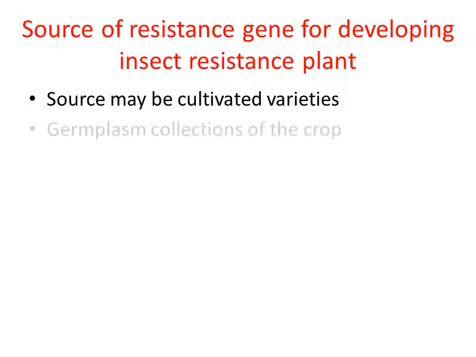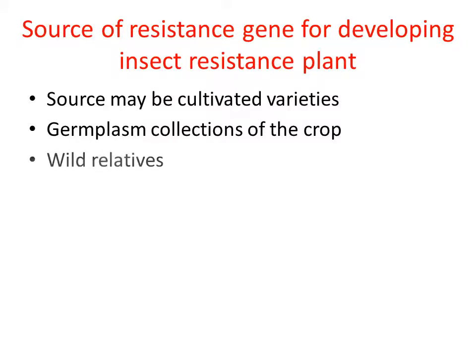This is one source, and another source is the germplasm collection of the crop. What do we mean by germplasm collection? Germplasm collection is a place where we can see the diverse alleles of a particular gene related to a given crop, right? In the germplasm collection, we have all possible alleles of a given gene, so that we can search for the resistance gene there.